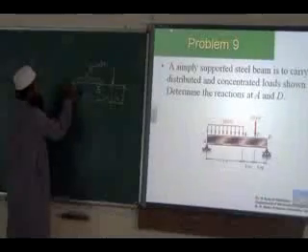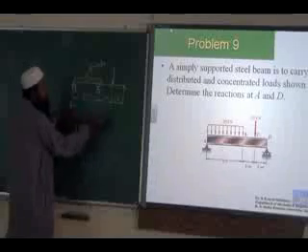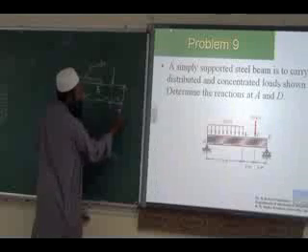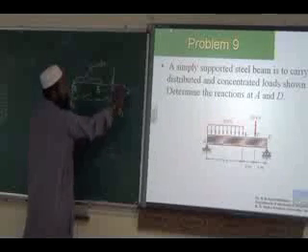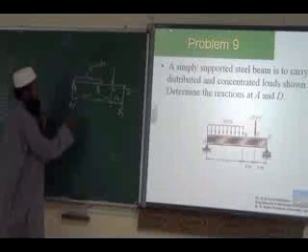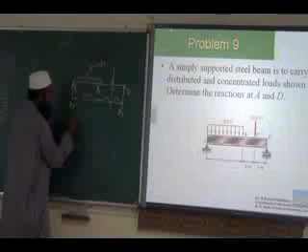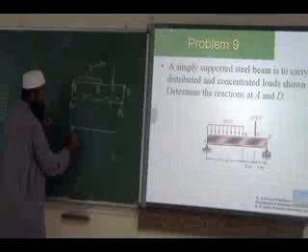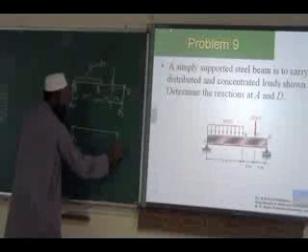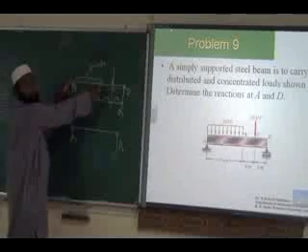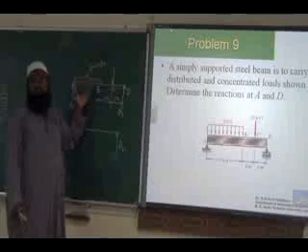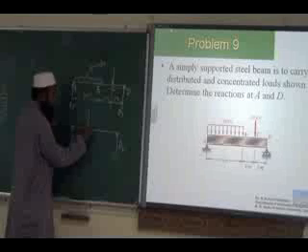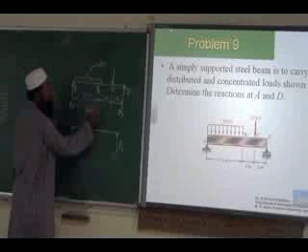You have two reactions for the given beam. You have AY, and this is DY. Two reactions will be there. This load, we have to convert into a point load whose magnitude is 20 kilonewton per meter times 3 meter, 60 kilonewton.